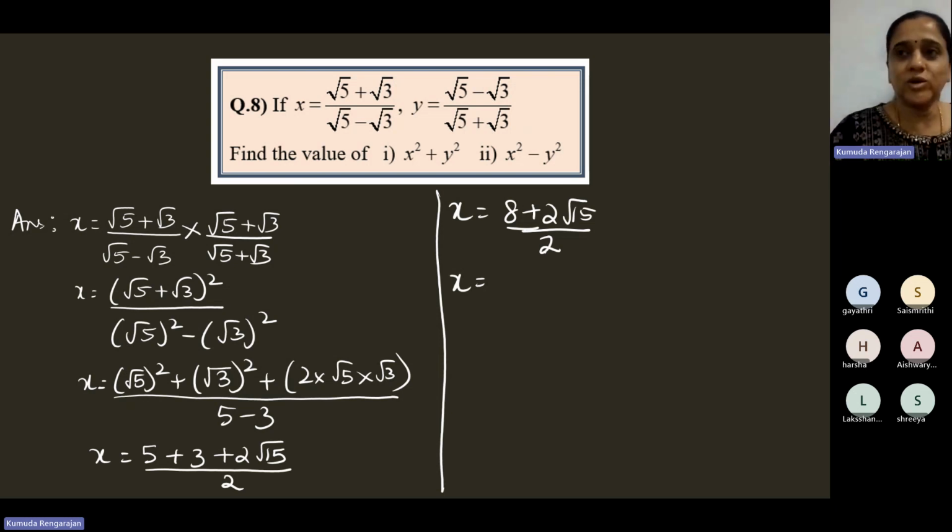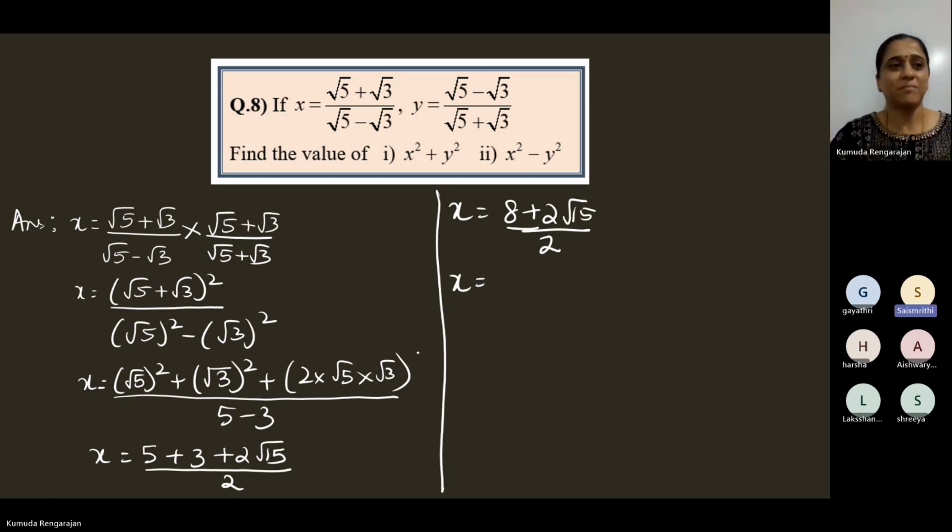There's a plus sign in the middle, you cannot cancel. From the 2 and 2 gets cancelled? No, you cannot, because the connecting sign is plus, so you cannot cancel.